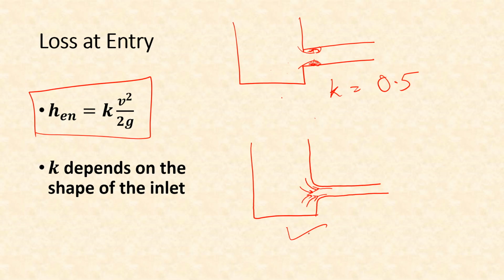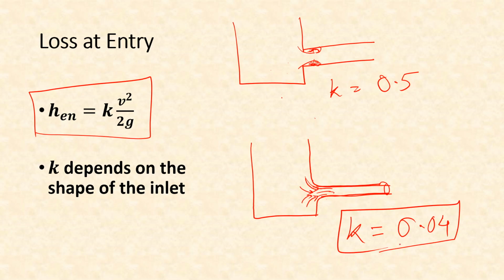But in this case, that is not going to happen, because after convergence, the flow cross section will be almost equal to the pipe cross section itself, and therefore the k value will be greatly reduced. It can even reach 0.02, 0.04, these kinds of values, which is a much better improvement than this kind of setup.